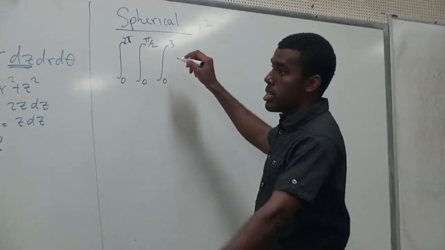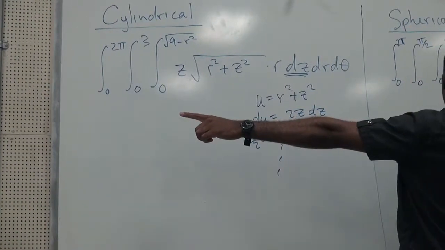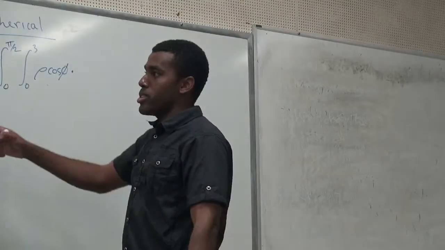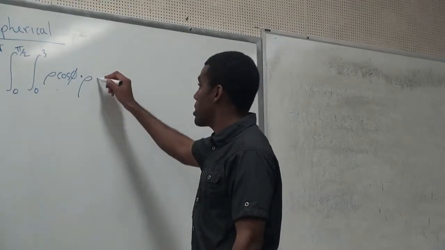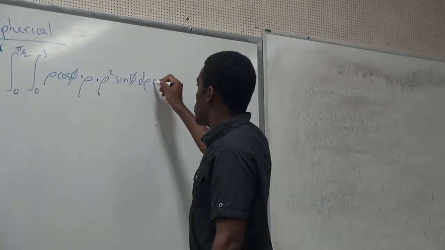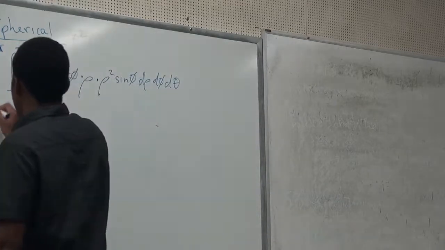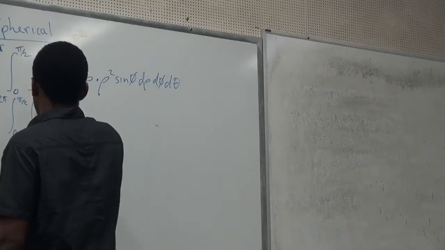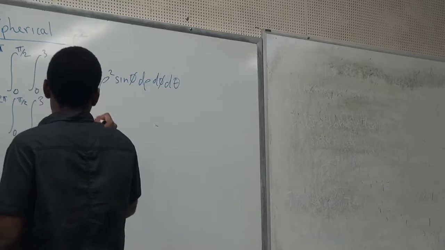And then the actual function would be z, which is rho cosine phi, times the square root of x squared plus y squared plus z squared, which is rho squared. Take the square root of that, you get rho, since rho is positive. And then this is times rho squared sine phi d rho. And so you would actually have here 0 to 2 pi, 0 to pi over 2, 0 to 3, of rho to the 4th cosine phi sine phi.